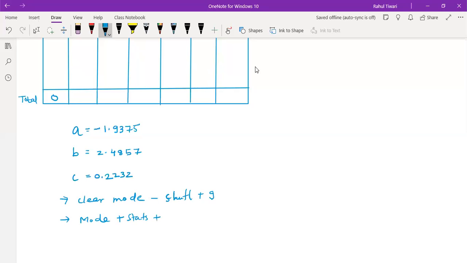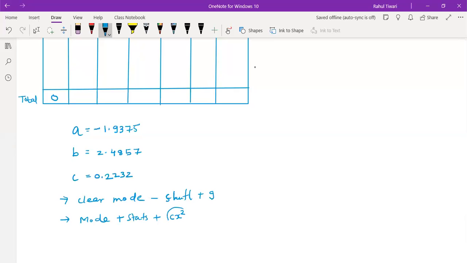In stats, can anyone tell me what options you are getting? First option is variance, second is A plus BX, third is plus CX square. Just tell me what is the third one. Plus CX square.